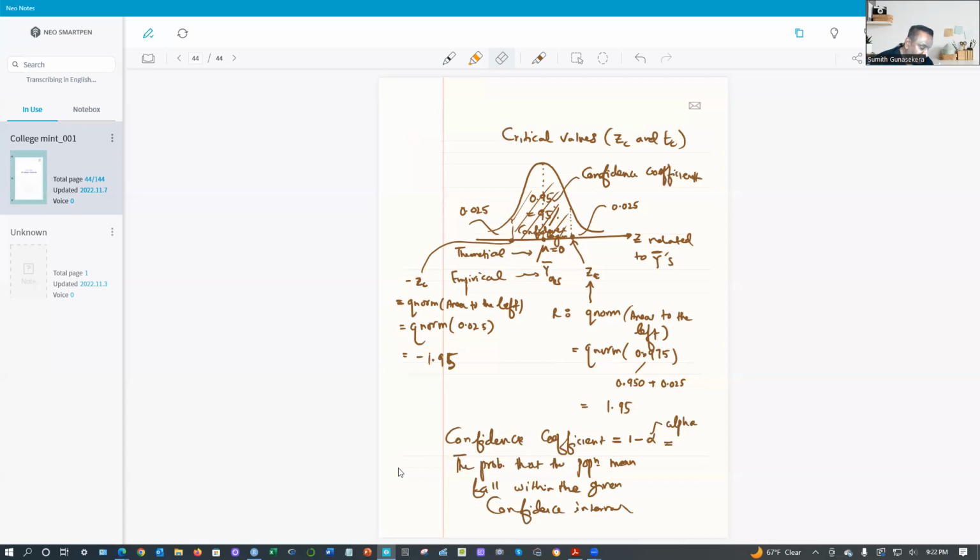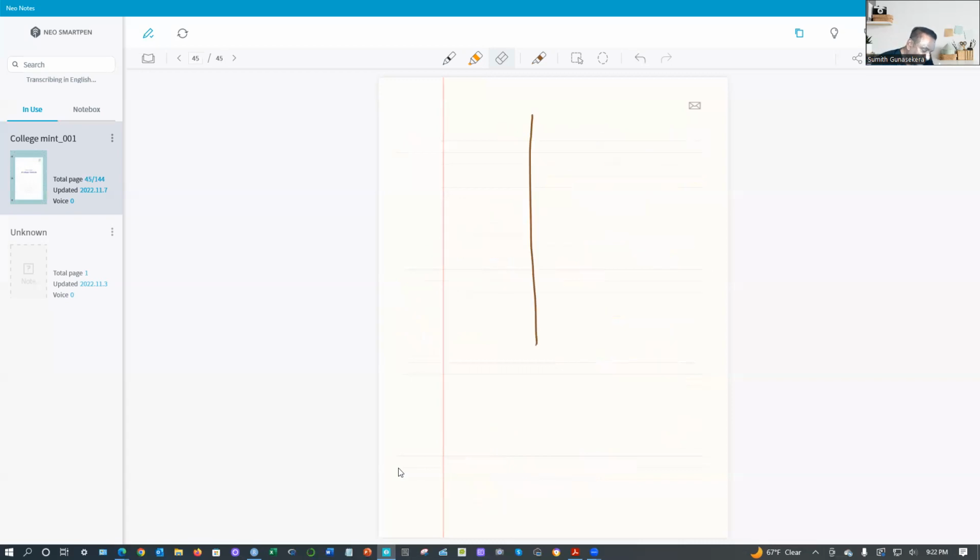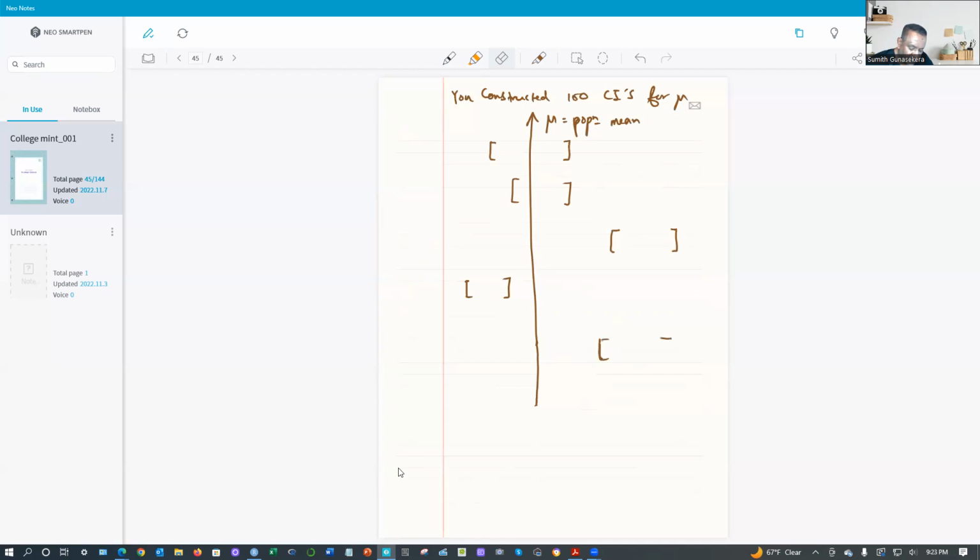Let's say this is your population mean, and you construct 100 confidence intervals for mu. Most of them include mu, but some are excluded. How many are excluded? 95 will be included, and 5 will be excluded; they don't include that mean.